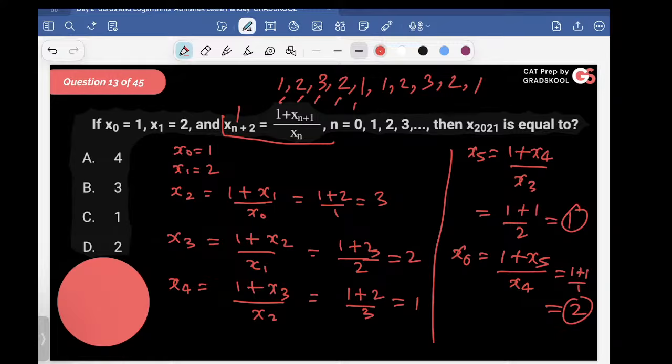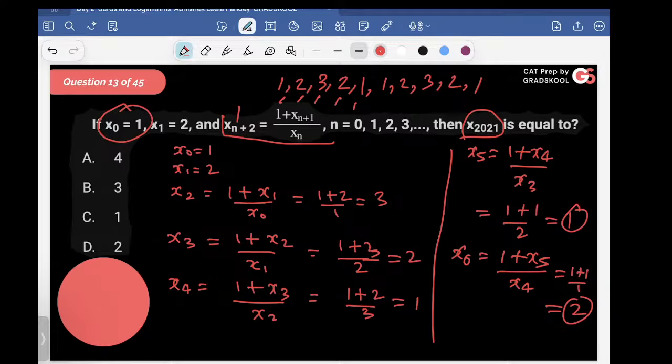Is that clear? I need to find x of 2021. You know what is the problem with this question? The problem is it starts with x0, not with x1. Do you understand that?